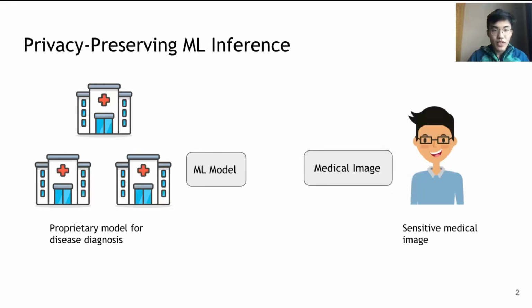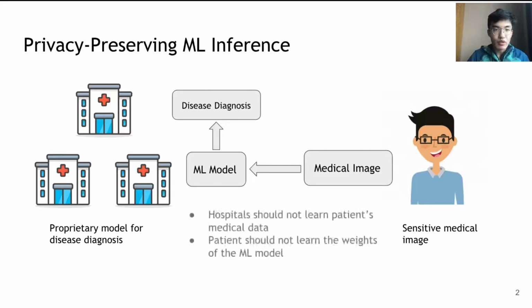The patient would send the medical image to the machine learning model, and the machine learning model will output a disease diagnosis. In order for machine learning inference to be private, we require that, first, hospitals should not learn about the patient's medical data, and second, the patient should not learn about the weights of the machine learning model.